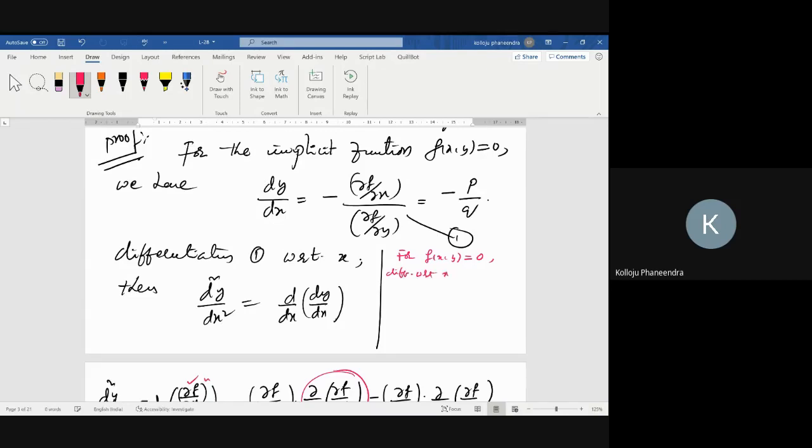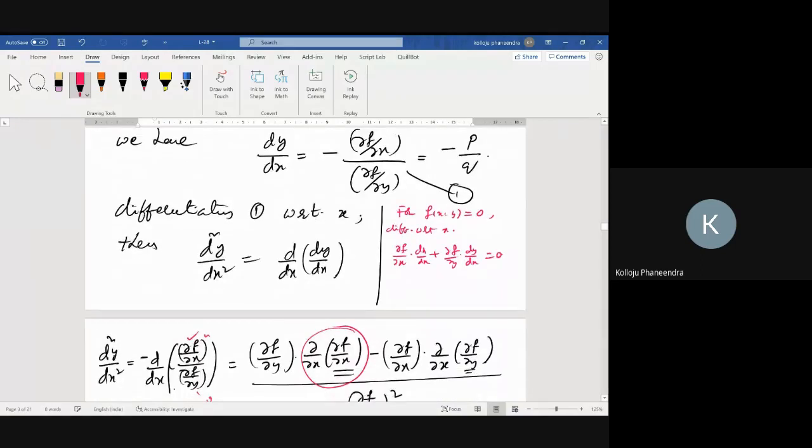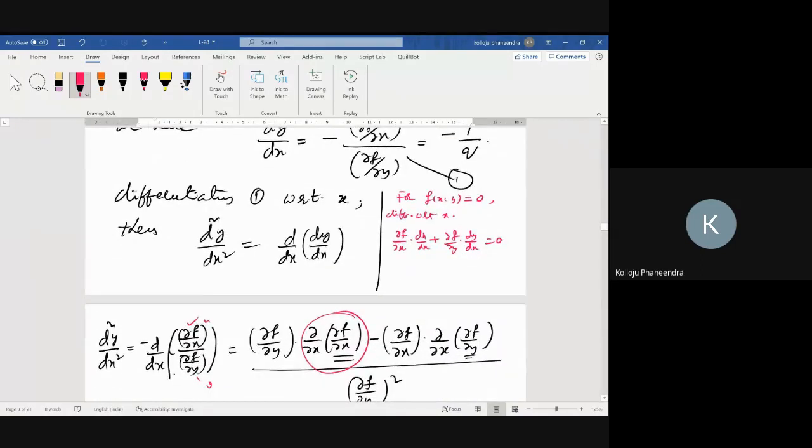What I'm getting is first ∂f/∂x into dx/dx, plus ∂f/∂y into dy/dx equal to 0. That is ∂f/∂x plus ∂f/∂y into dy/dx equal to 0. Differentiating with respect to x means ∂/∂x of f equal to 0.